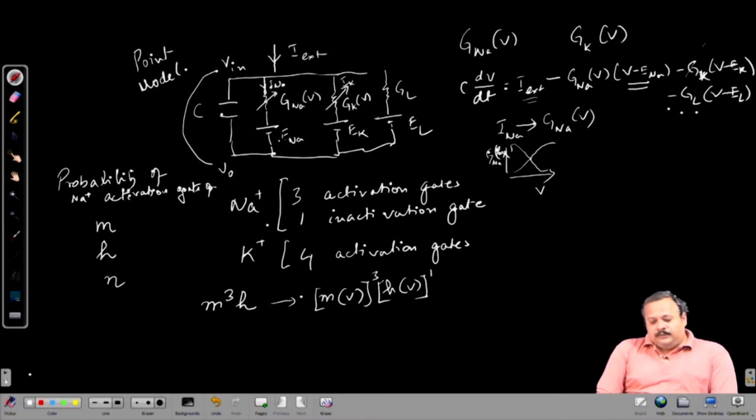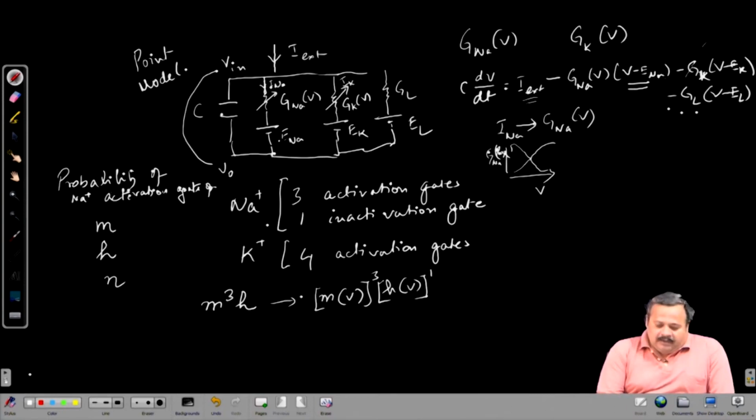So, if we assume that there are a large number of gates, then on average we can say that the conductance of the sodium ion channels in the entire neuron can be given by a fraction of the total conductance.